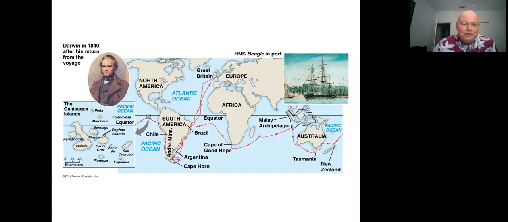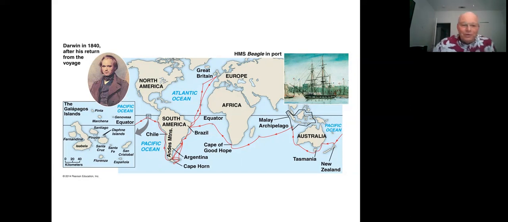But the finches would remain a puzzle to him for a couple of years until his ornithologist friend actually got a chance to really look at the collection of finches that Darwin brought back with him and started to realize exactly what it was that Darwin had amongst that collection of finches.